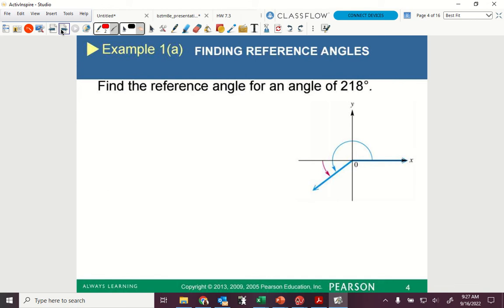Now, what quadrant is that in? It's in quadrant 3, right? And what did I say about the references in quadrant 3? Theta prime is equal to, I had you write it down.